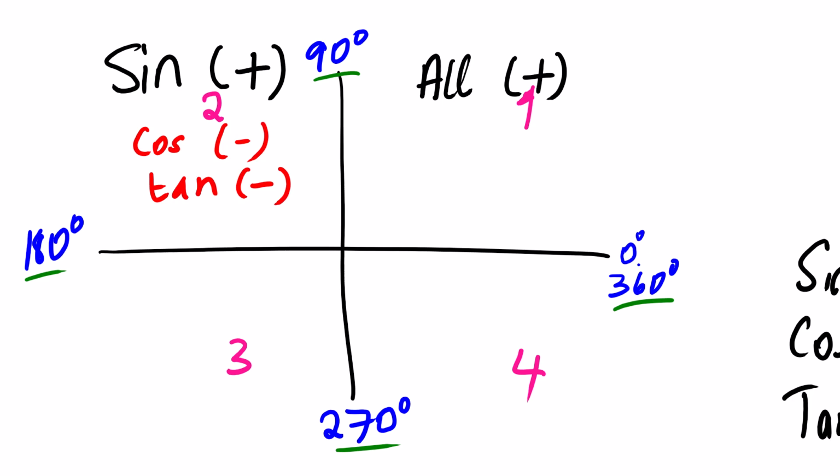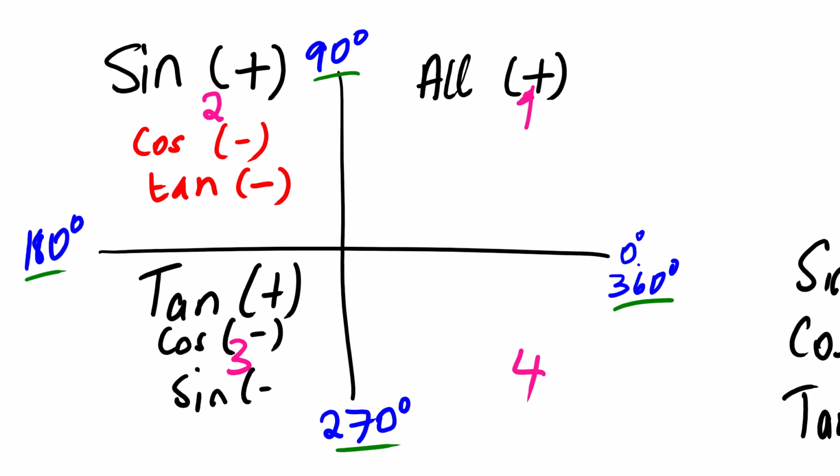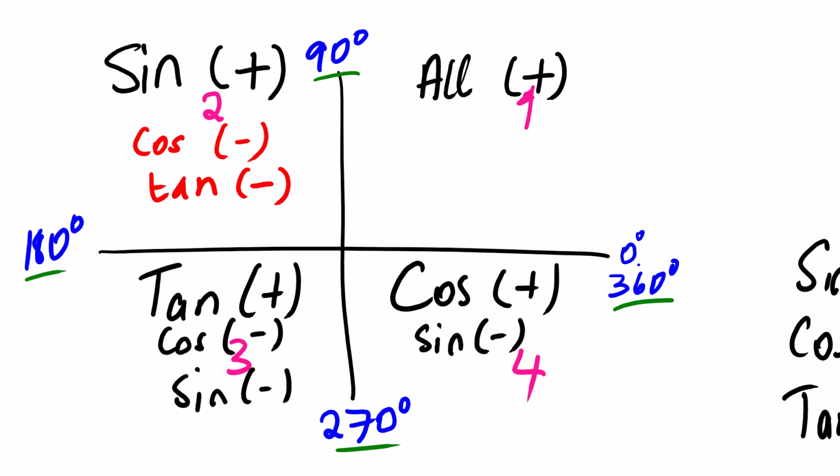Quadrant number 3, we have tan. Tan is positive in quadrant number 3. Cos is negative, and also sine is negative in this quadrant. In quadrant 4, we have cos, which is positive. Sine is negative.